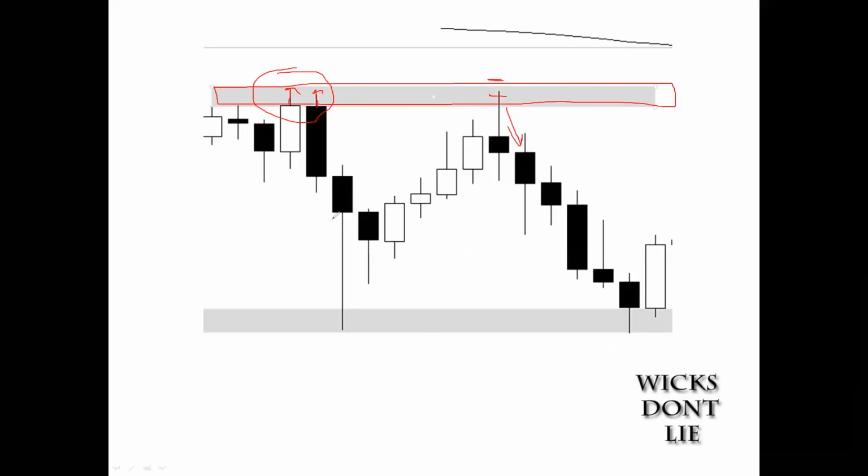So you see this wick. When this wick came down, it got rejected. When it got rejected, you know for a fact that there must be a zone right over here which this wick rejected. Let's say there's a range of prices here, probably 112 or 111.999 or whatever, which this candle rejected.